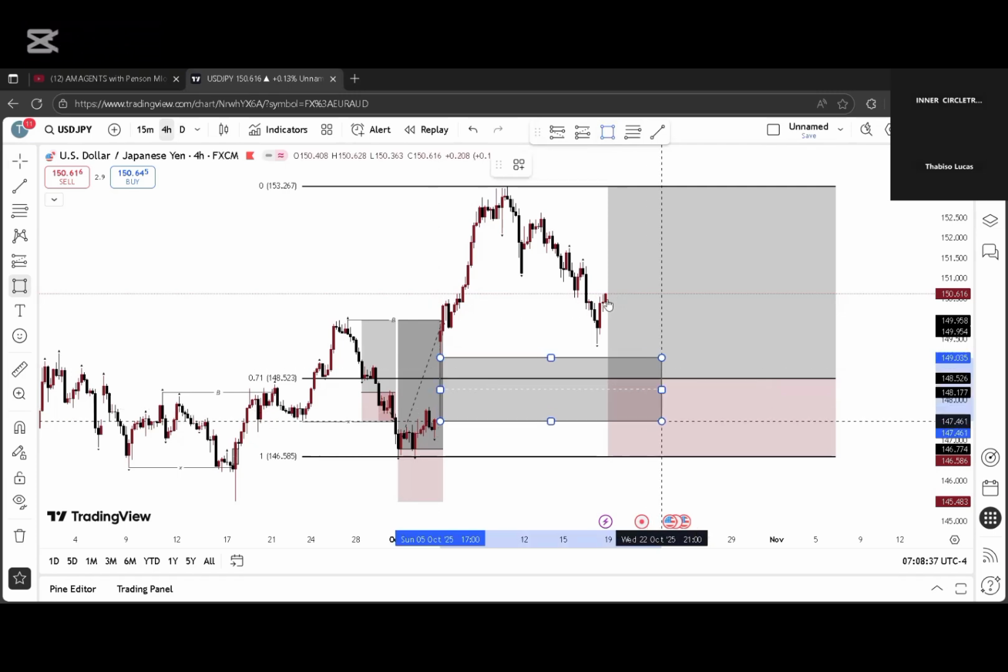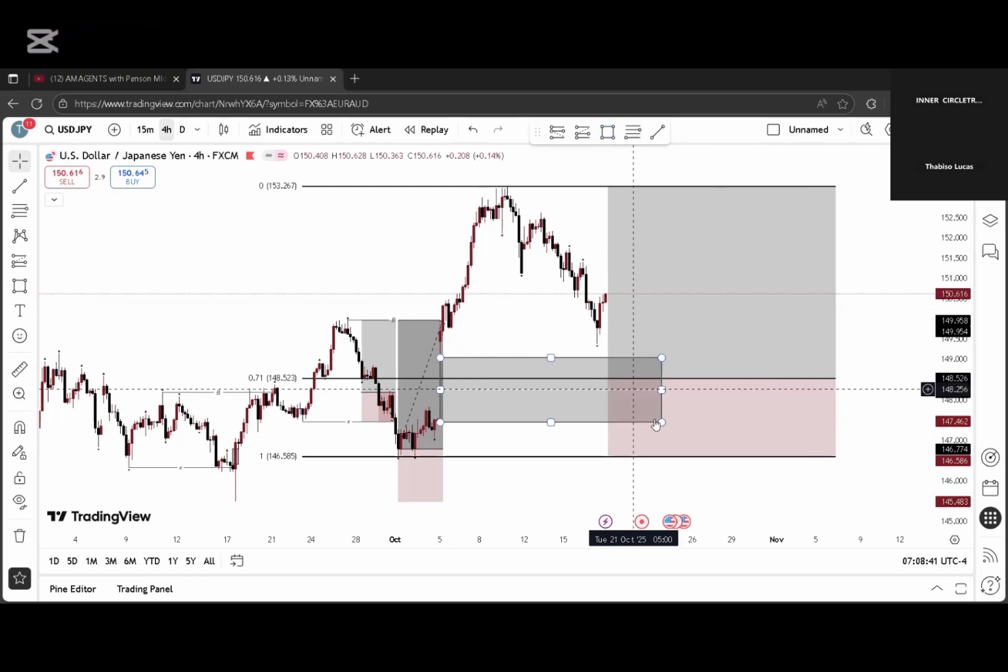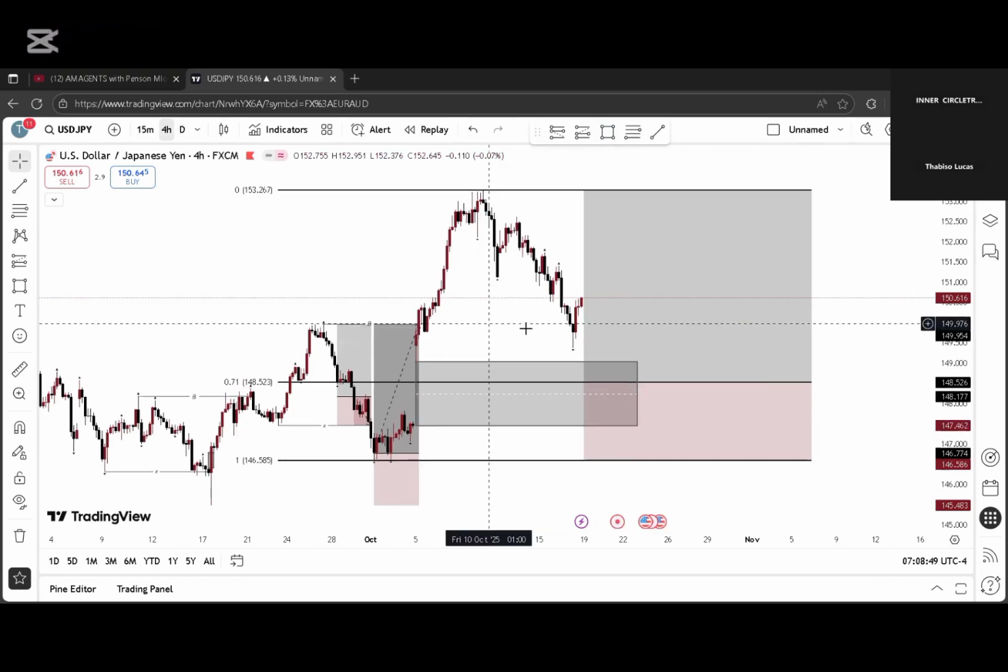But still, if it does come and fill this gap right here, I would have been in the trade still. You see. So this is a valid setup too.